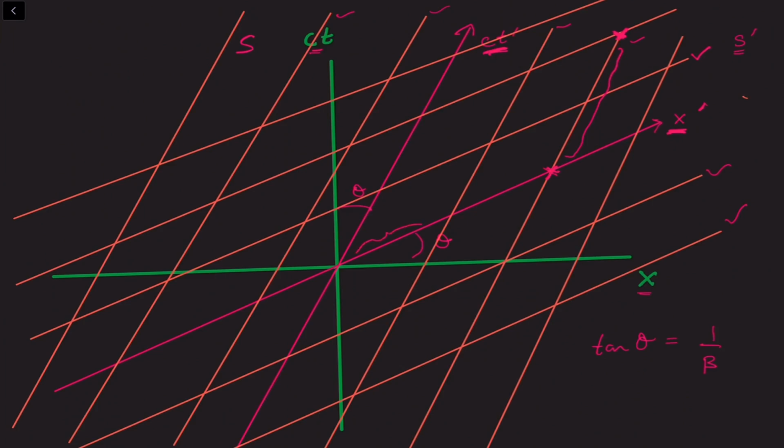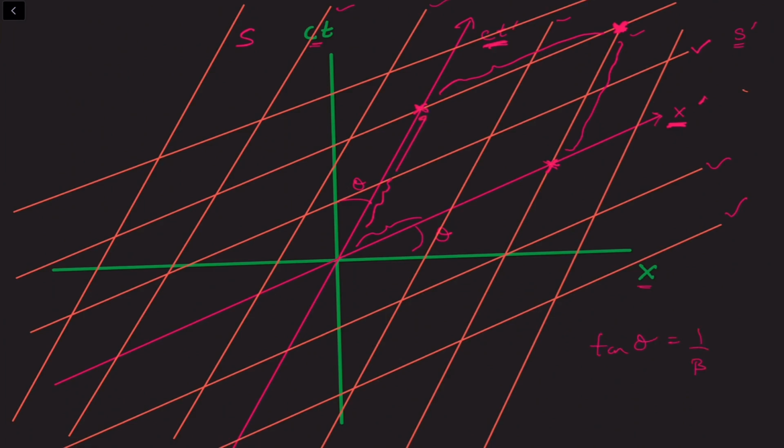Similarly, to find the t prime coordinate, I would locate which grid line it lies on, parallel to the x prime axis, see where that intersects the t prime axis, and see how many unit lengths along the t prime axis I have to take to get to this point. Now, I made a mistake down here. Tan theta is beta, not 1 over beta.